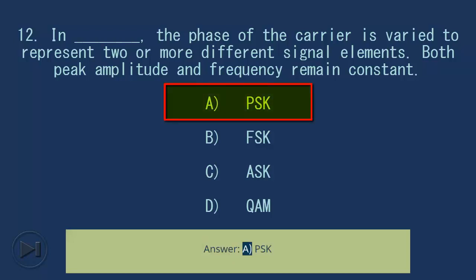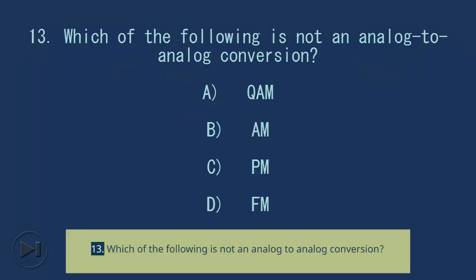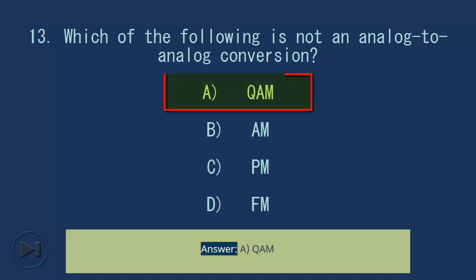Answer, A. PSK. 13. Which of the following is not an analog to analog conversion? A. QAM. B. AM. C. PM. D. FM. Answer, A. QAM.